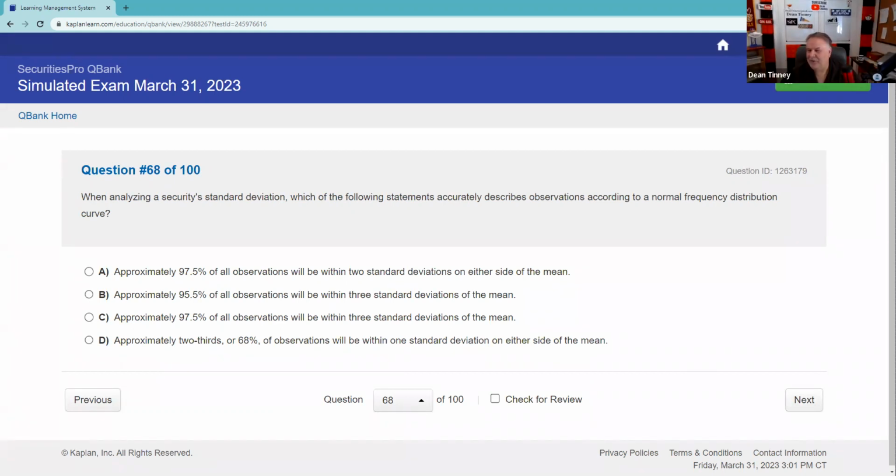Well, remember, if you're operating from abundance, you can actually do that as a test taker. Approximately 97.5% of all observations will be within 2 standard deviations of either side of the mean. 95.5% will be within 3 standard deviations of the mean. Of all observations, will be within 3 standard deviations of the mean.